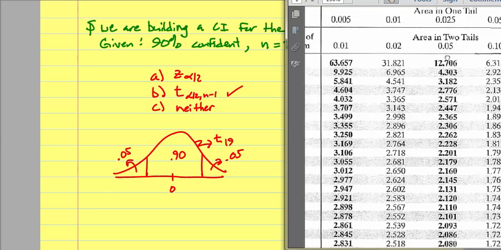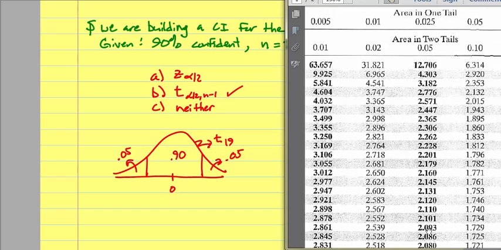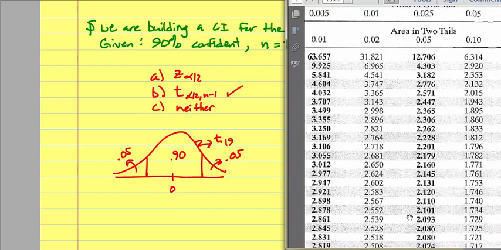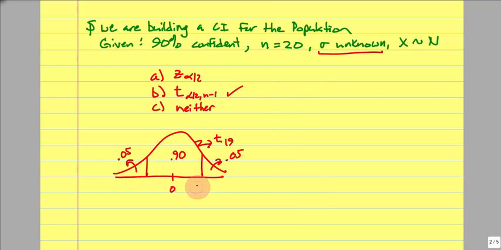We have the area in 2 tails to be 0.10. So as we read across here, the area in two tails is right up here at 0.10. The area in one tail was 0.05 from my picture over here, and that ends up being 1.729. So my t value is 1.729.